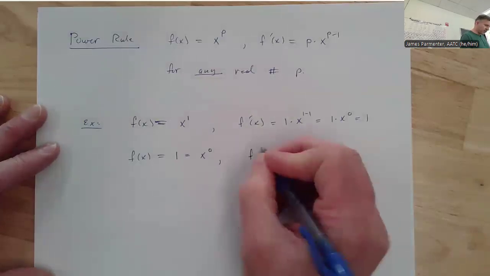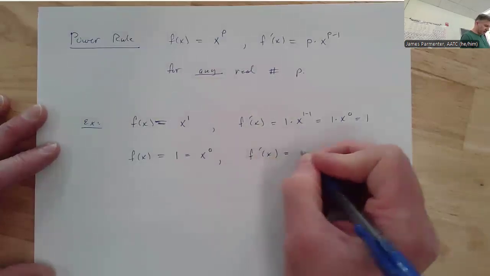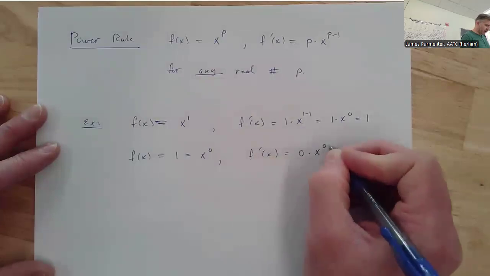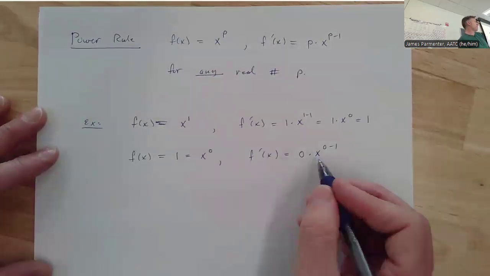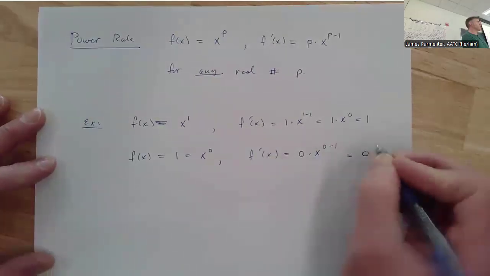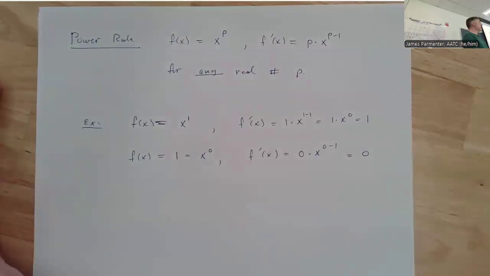So then the derivative is going to be 0 times x to the 0 minus 1. But 0 times anything is 0, so we just get 0. Again, not what we like to do, but I wanted to point out that technically you can always use the power rule if you're taking the derivative of x raised to a power. Great.